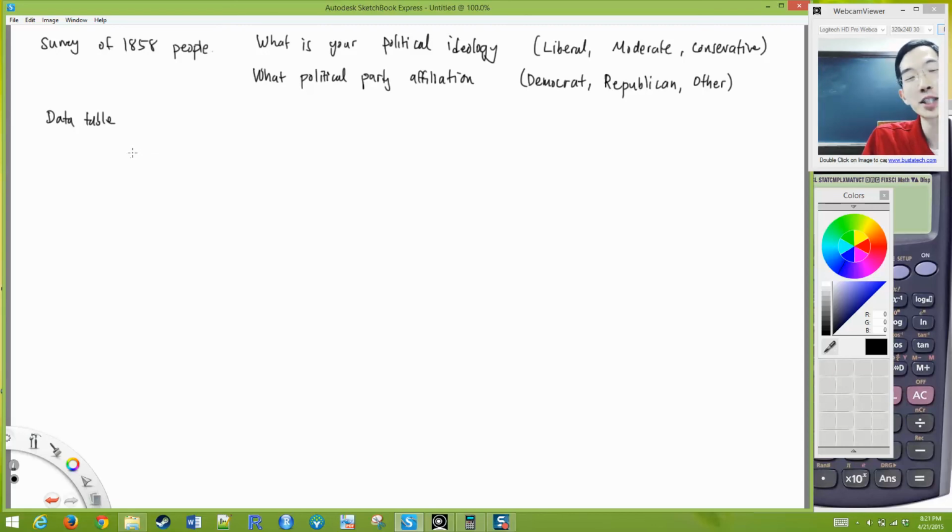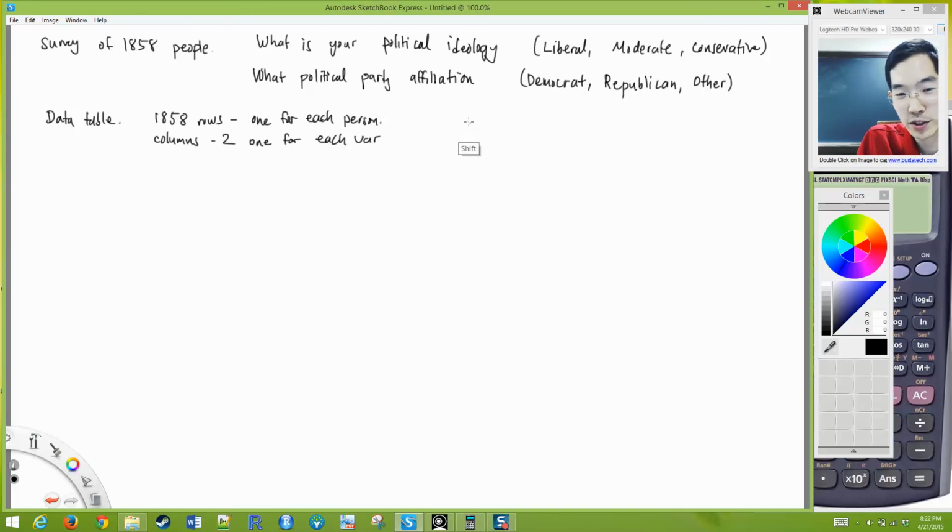Okay, raw data table, we have 1,858 rows. Why? 1 for each person. And then how many columns? Okay, 2 columns, maybe an identifier, but 2 columns, 1 for each variable, right?